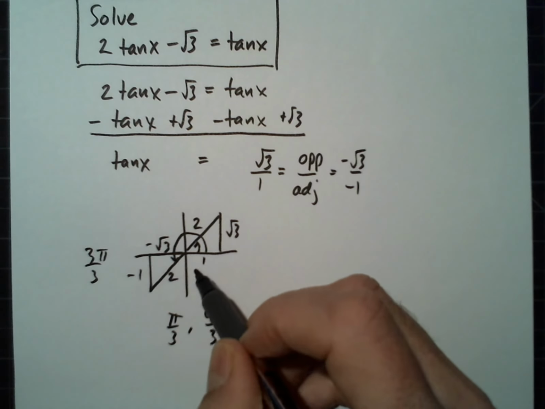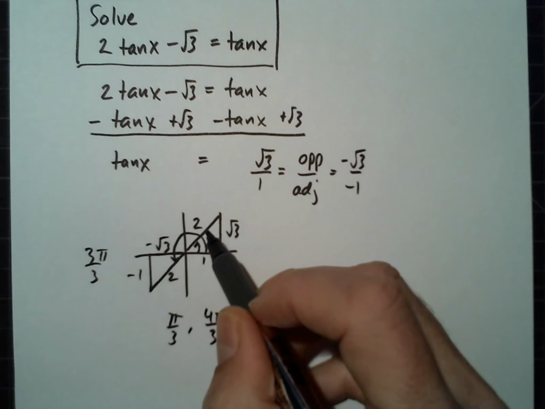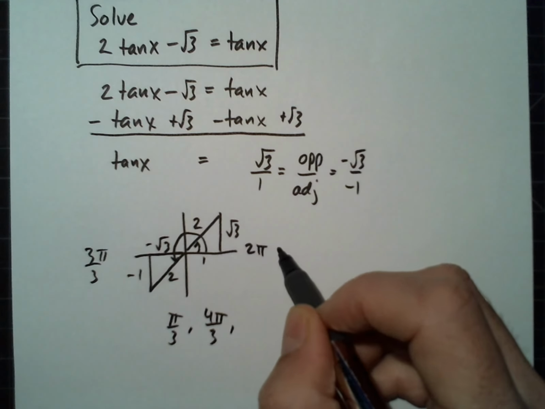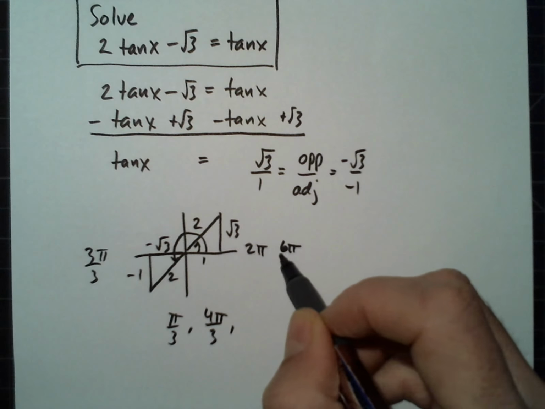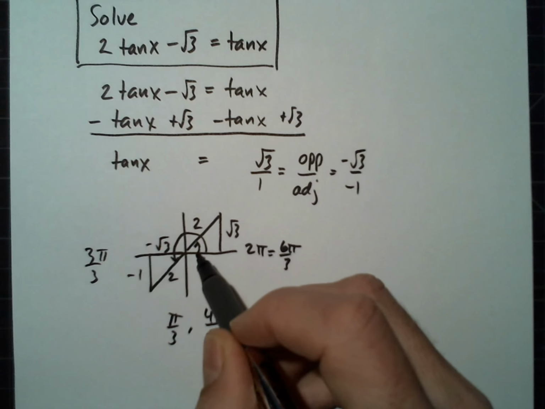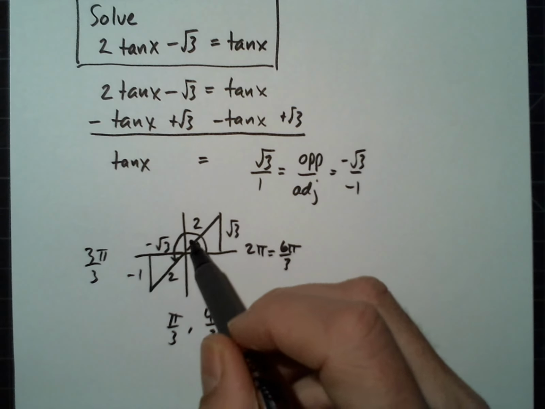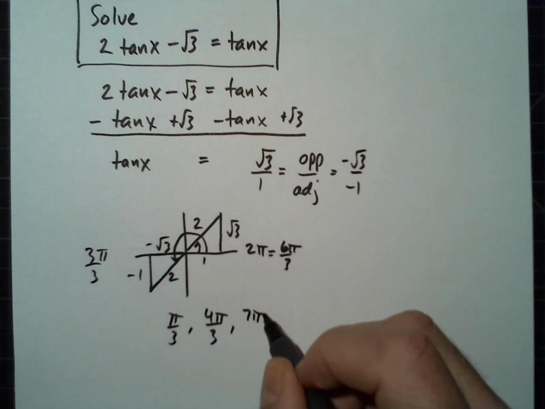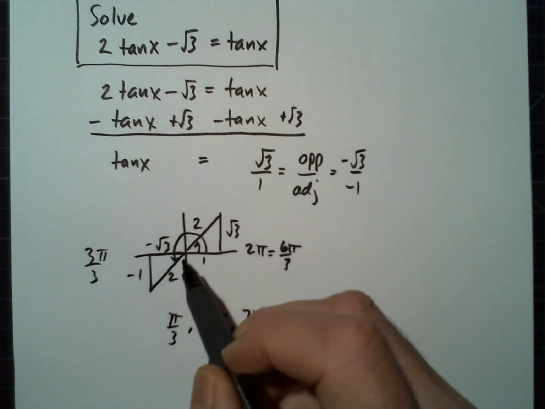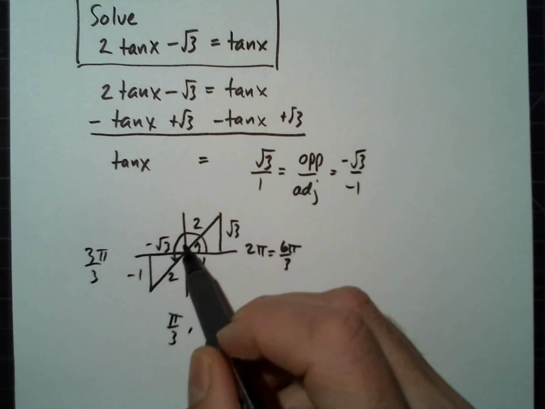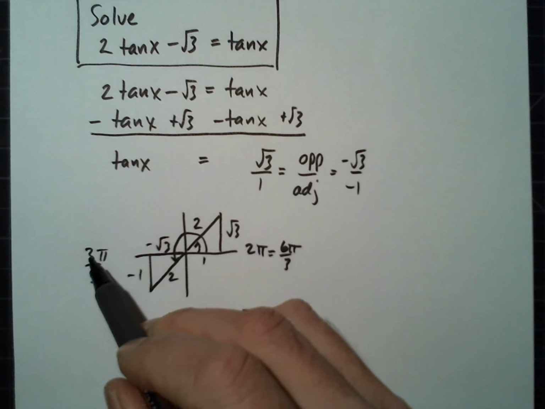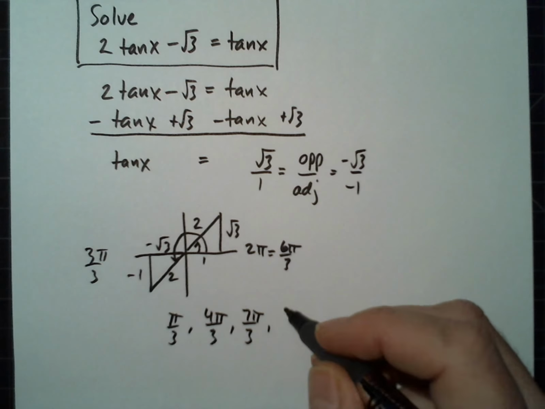If we continue around, if we go all the way around and end there, this would be 2 pi, or 6 pi over 3. So I'm going to go around 6 pi over 3, and that'll be 7 pi over 3. Here, if I went around, it would be 6 pi over 3, and then 9 pi over 3, and 10 pi over 3.